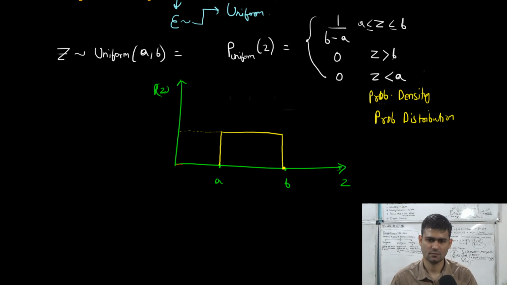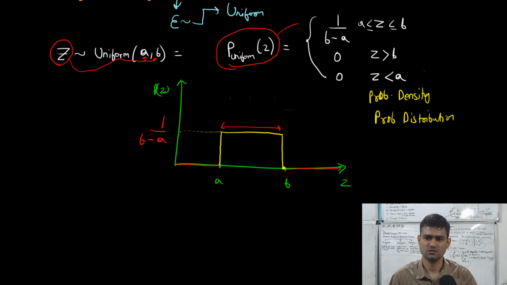So it is 0 for any value less than A and 0 for any value greater than B. Between A and B, this value is going to be 1 over B minus A. So this is what a uniform distribution looks like. So if z is a random variable which follows uniform distribution between the values A and B, then the probability density function is going to be 1 over B minus A for z between A and B, and is going to be 0 anywhere else.